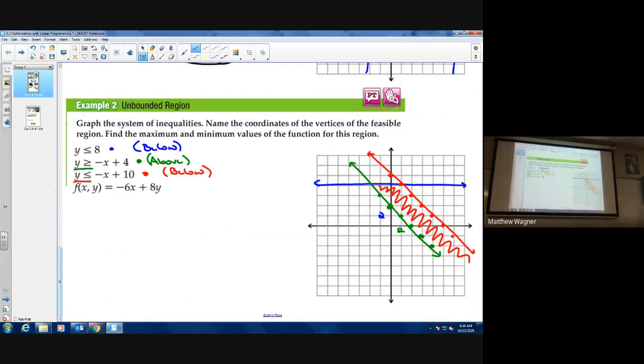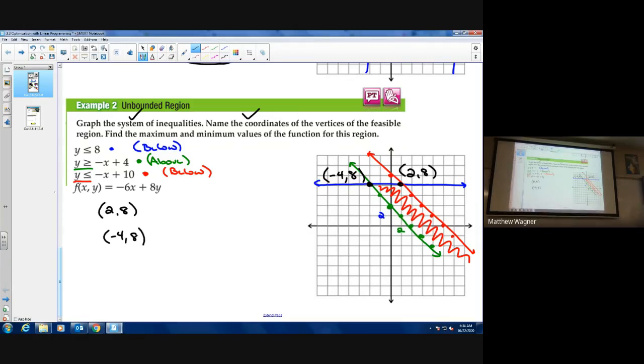Okay. So we graphed our system and named the vertices. Again, conveniently, if our graphs are pretty to scale, we're going to find points at 2, 8 and -4, 8. And those are the points in your region you want to test.